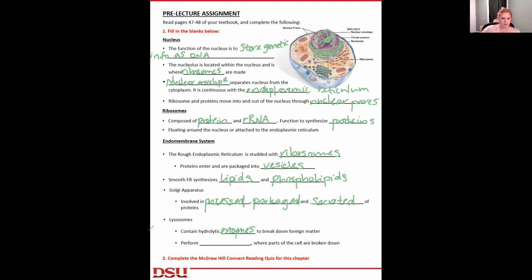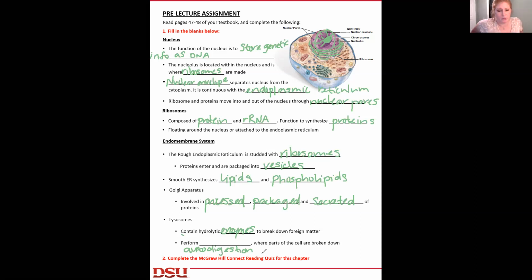They perform something called autodigestion. I'm going to write it down here so I have room. Autodigestion, where parts of the cell are broken down, okay? So that's what I was just saying as far as the waste or the scraps left over from building these other materials in the cell, okay?